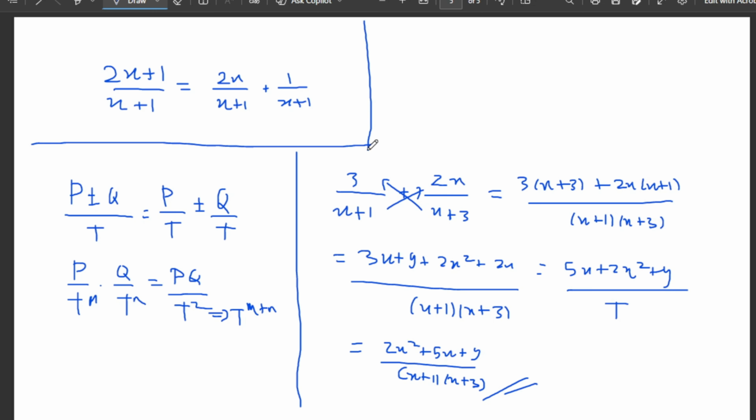Another example would be, say, if you have a quadratic at the top.